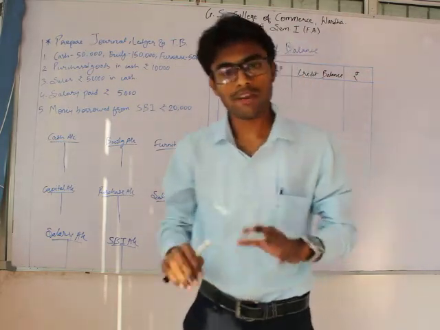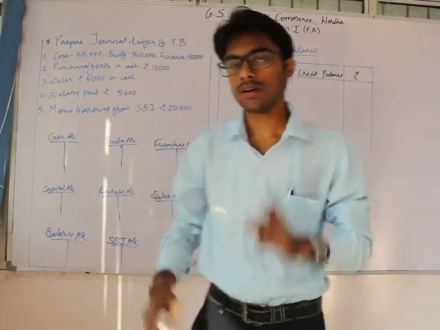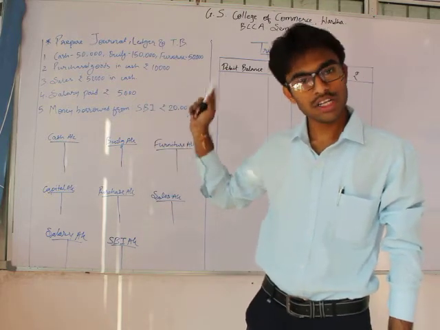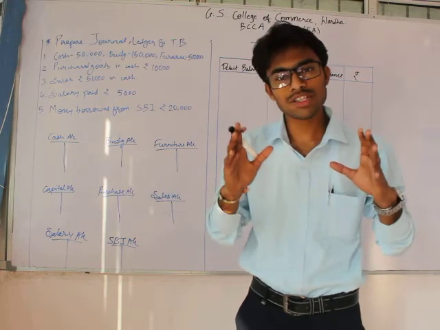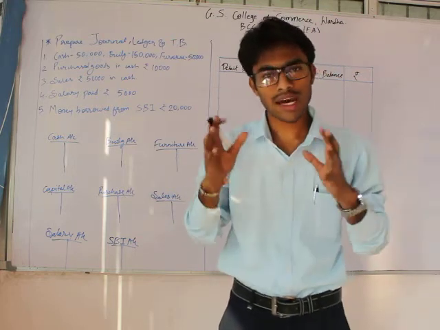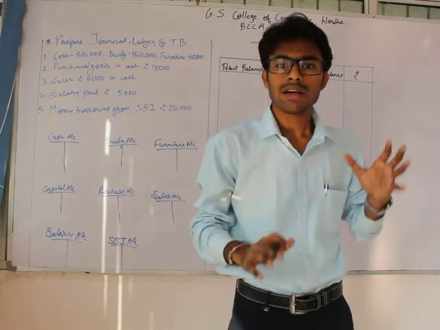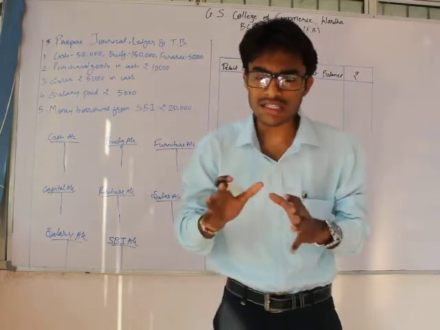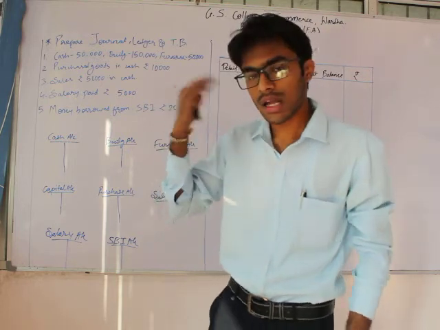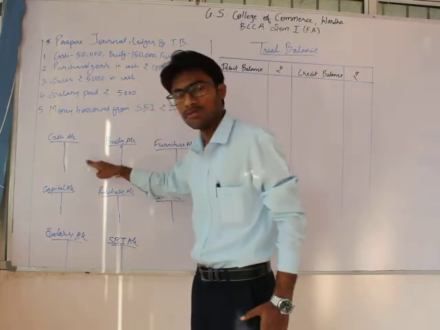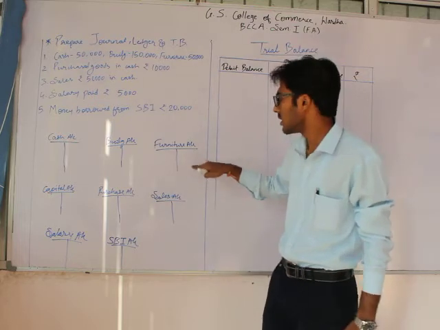So we have made the entry: cash account debited, building account debited, furniture account debited, to capital account. We are directly making entries in our mind, and we are directly plotting the entries in the ledgers.